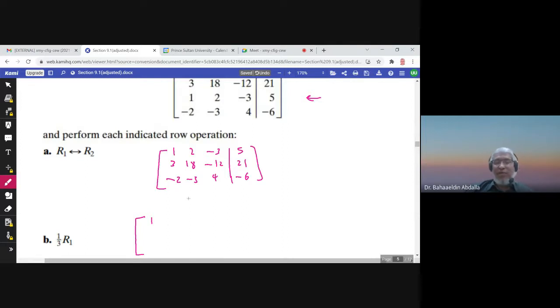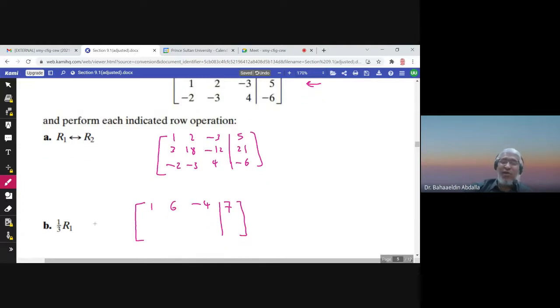So 18 divided by 3 is 6. Negative 12 divided by 3 is negative 4. 21 divided by 3 is 7. If the calculator is allowed, please use the calculator to do these operations, so as not to make any mistake. The second row and the third row are not changing because there is no row operation to change them here.